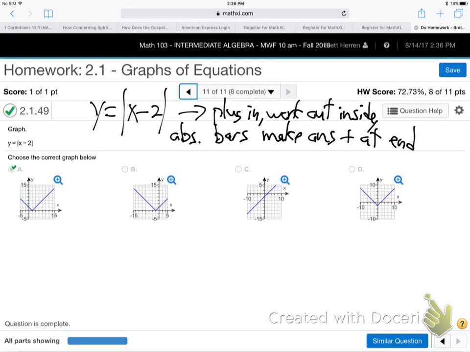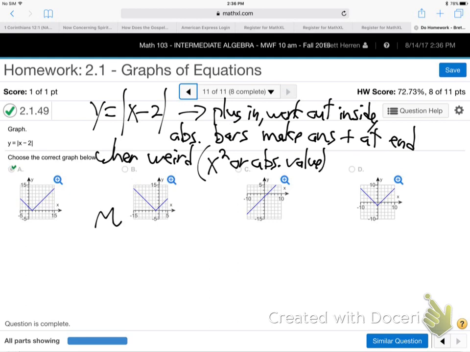But if they give me something weird, like x squared, or absolute value bars, when it's something weird like this, make a table.